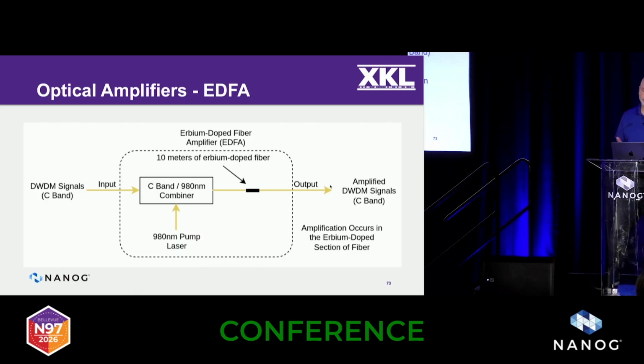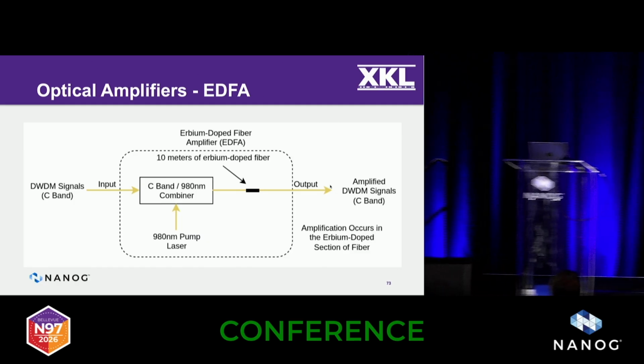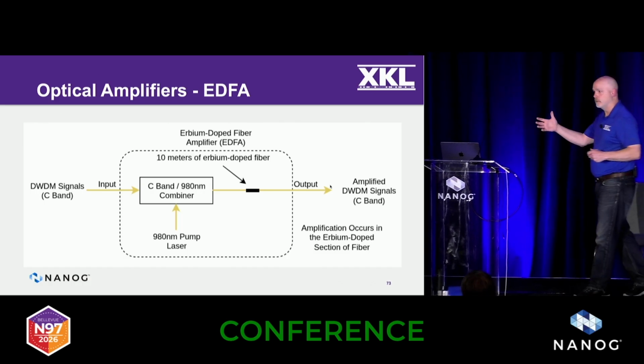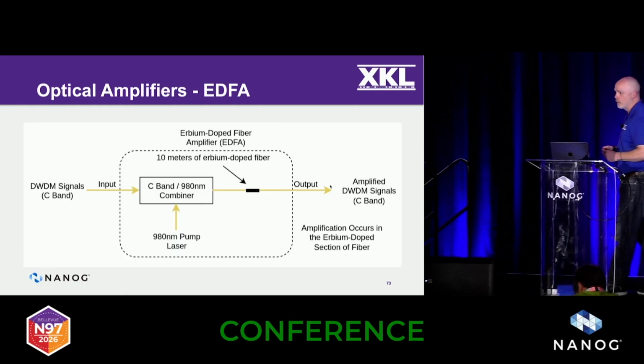And if you have a good EDFA, it'll be a lower noise device. We're going to talk about noise figure. If you have a poor EDFA, it's just not going to work very well for your network. So this is a really important component in any network. So not only how good the EDFA was designed and how little noise it injects, but how you operate it. If you operate it at a very low power level or a very high power level, it's going to inject more noise into your network.